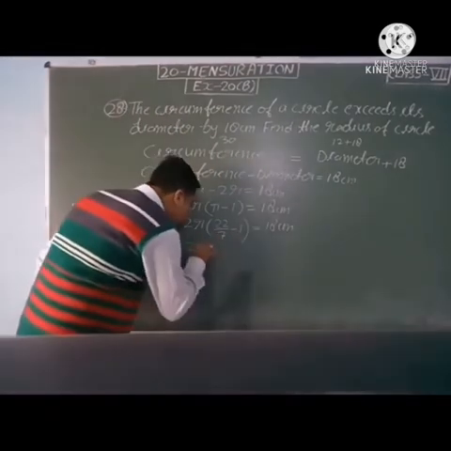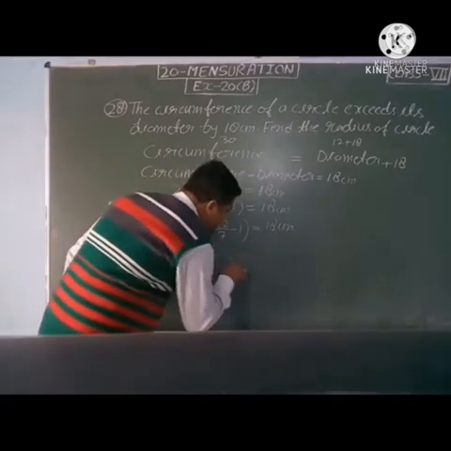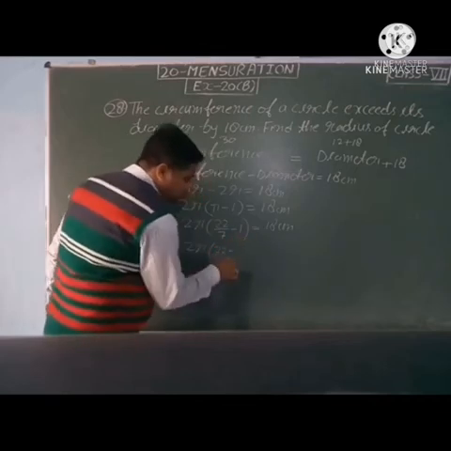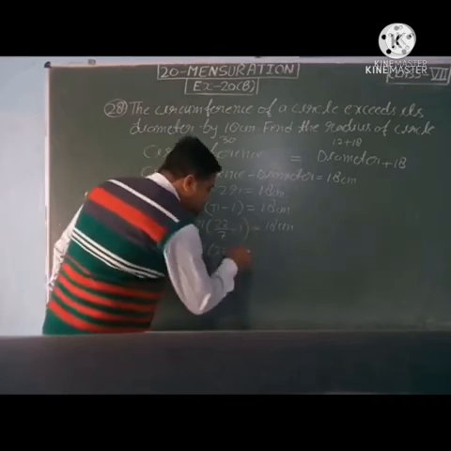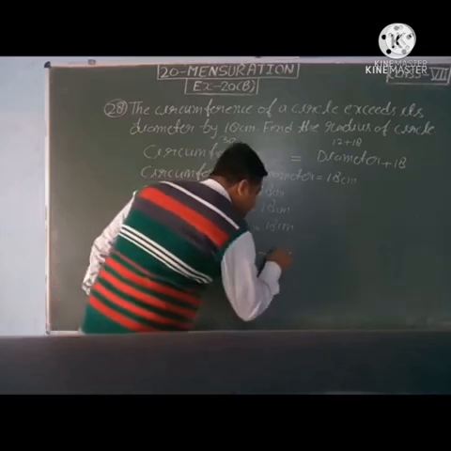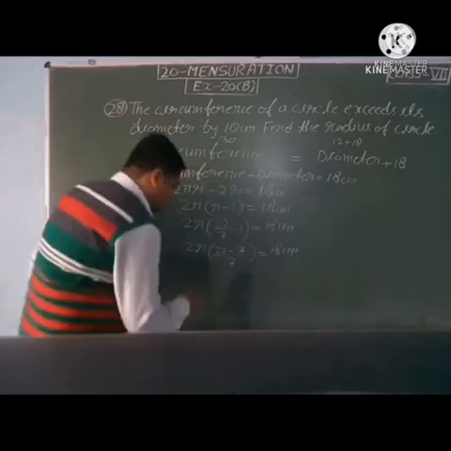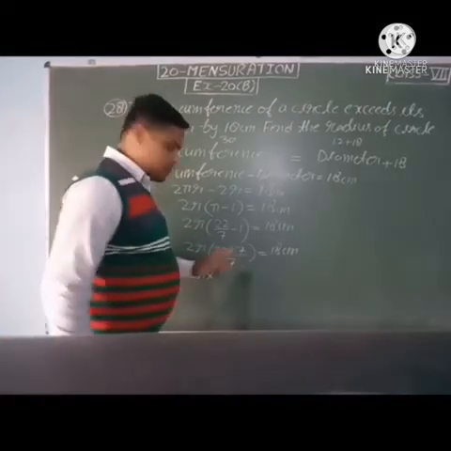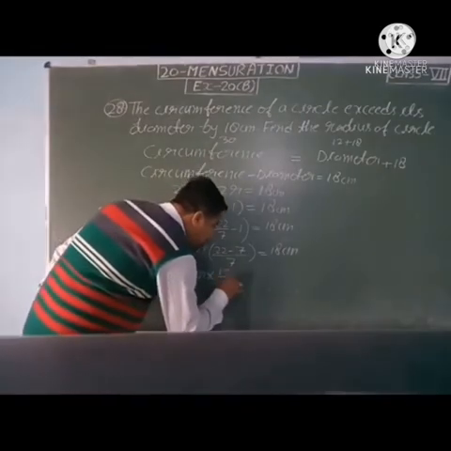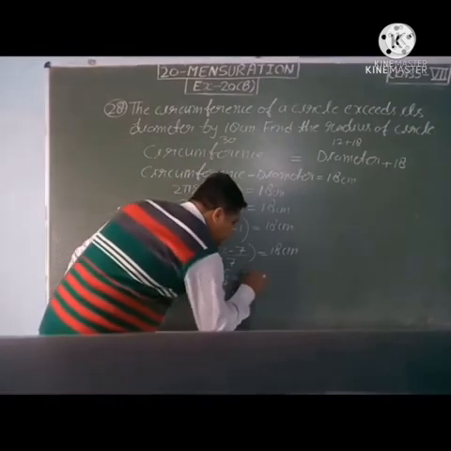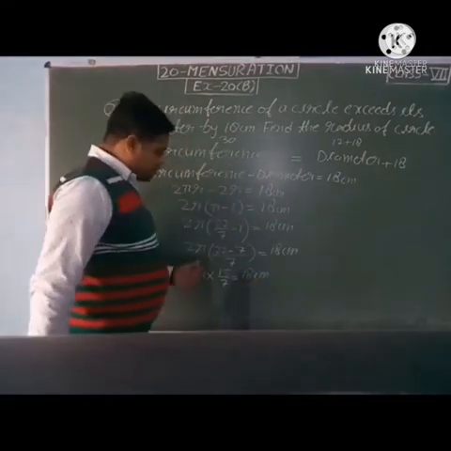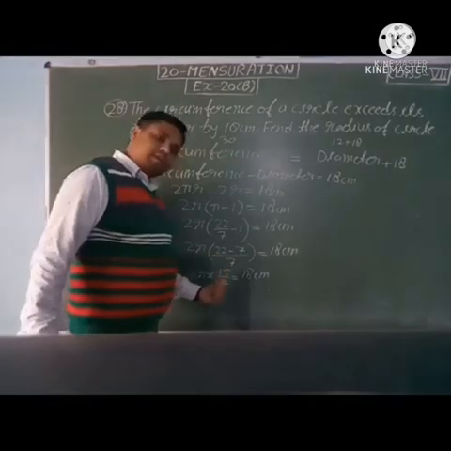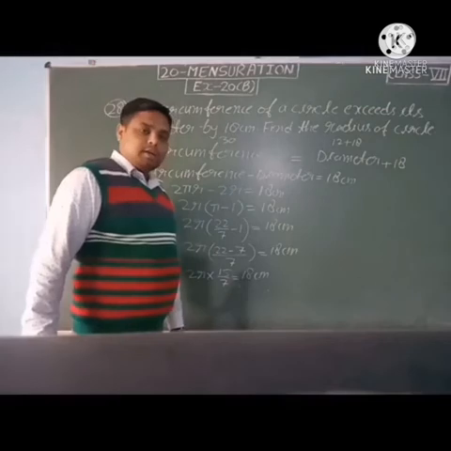So 2r, LCM of 7 and 1 is 7. 7 1s are 7, 1 22s are 22, minus 1, 7 1s are 7, is equal to 18 centimeter. 2r multiply 22 minus 7, 15 upon 7 is equal to 18 centimeter. Because between 2r and this bracket there is a multiply sign, so 2r multiply 15 upon 7 is equal to 18 centimeter.